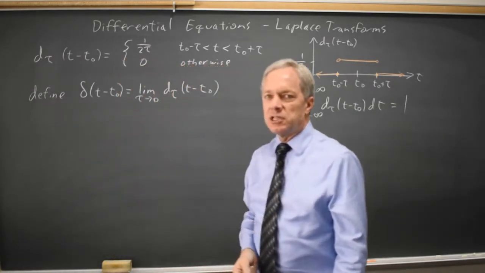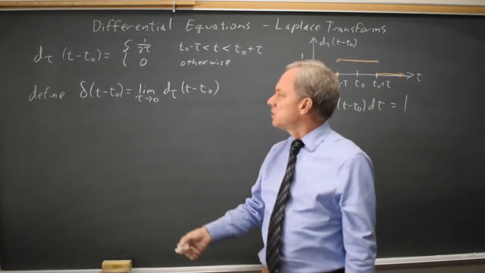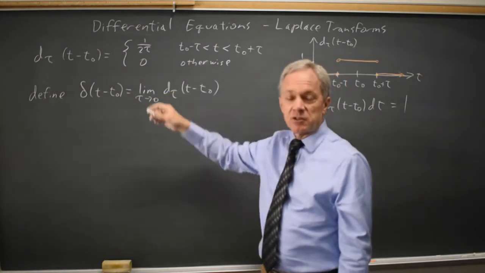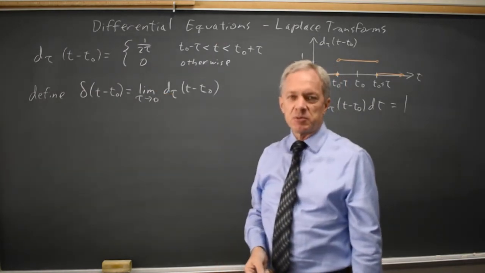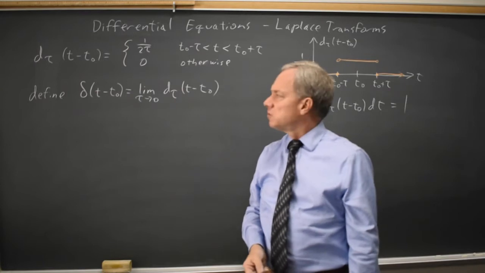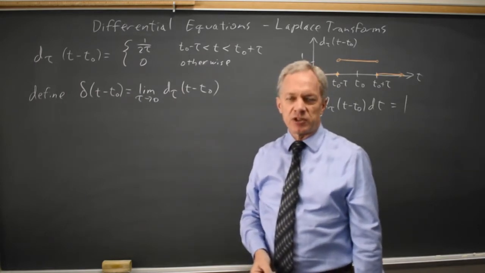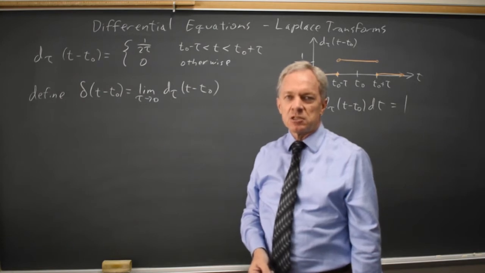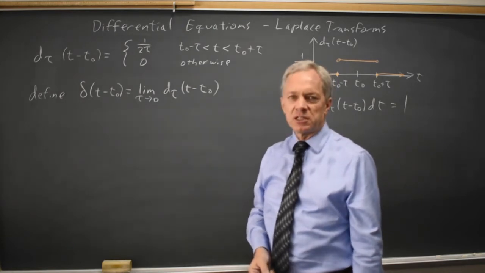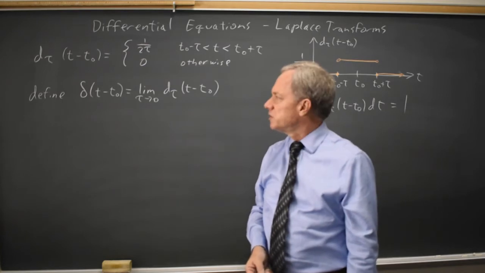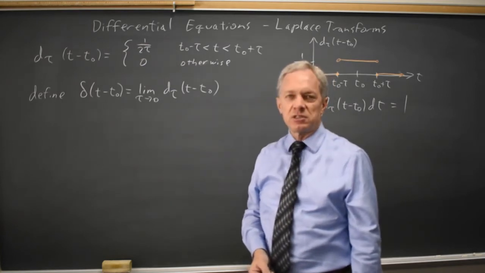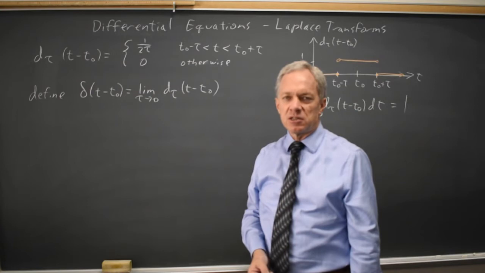For any t not equal to t0, eventually d tau of t will be 0, so this limit will be 0. For t equals t0, this limit is undefined. It's growing toward infinity. So this is not actually a function. The value of delta of t0 is undefined.